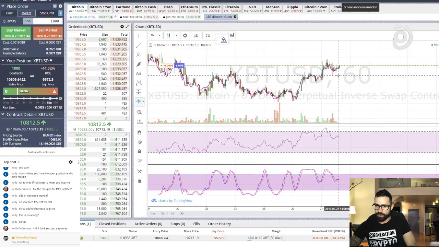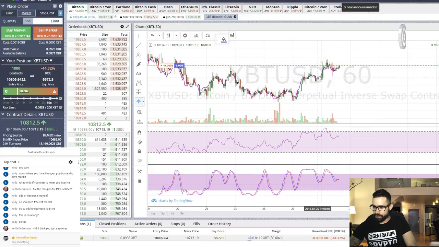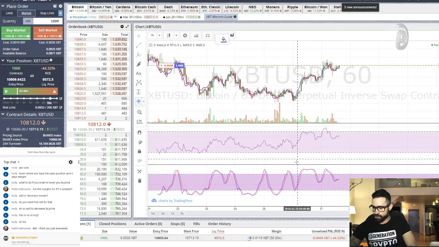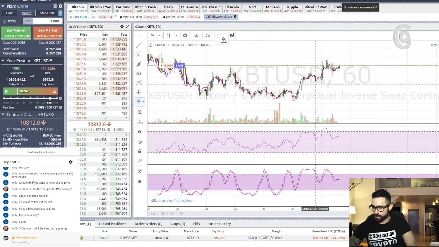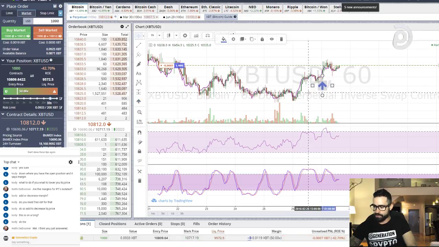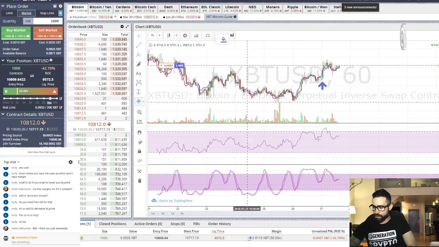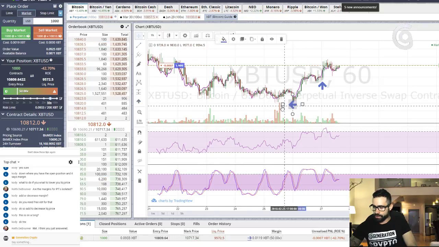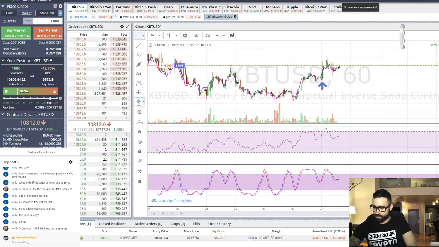Instead of getting liquidated and running out of margin, let's look at it backwards. Let's say we started here, and then the chart is kind of doing this. What I would do is, next time I see it go into oversold, let's say the chart was taking a dip, I'd be able to average down, put another buy order here, and let's say it averaged down again, put another buy order there. That's going to cost average, like dollar cost averaging.